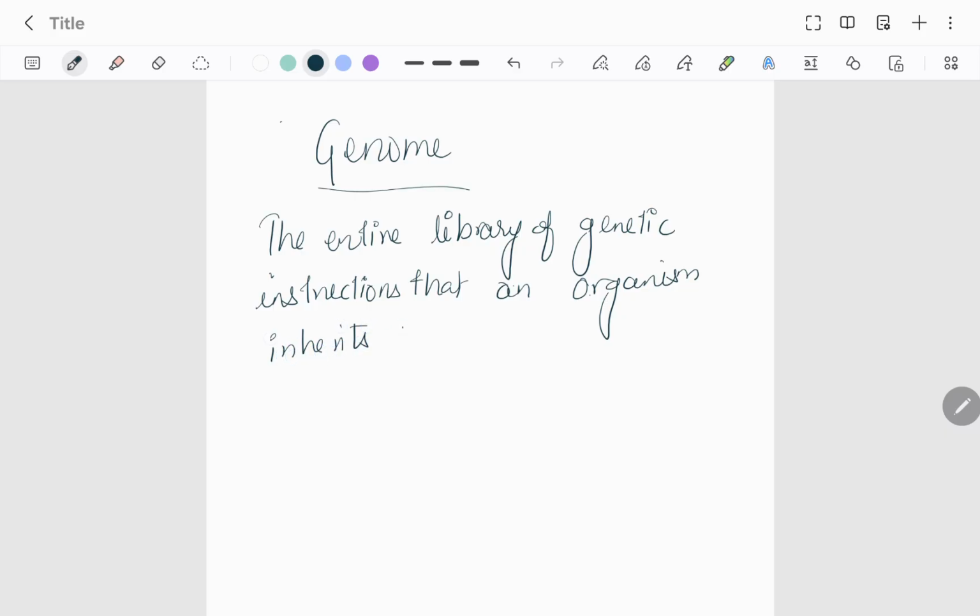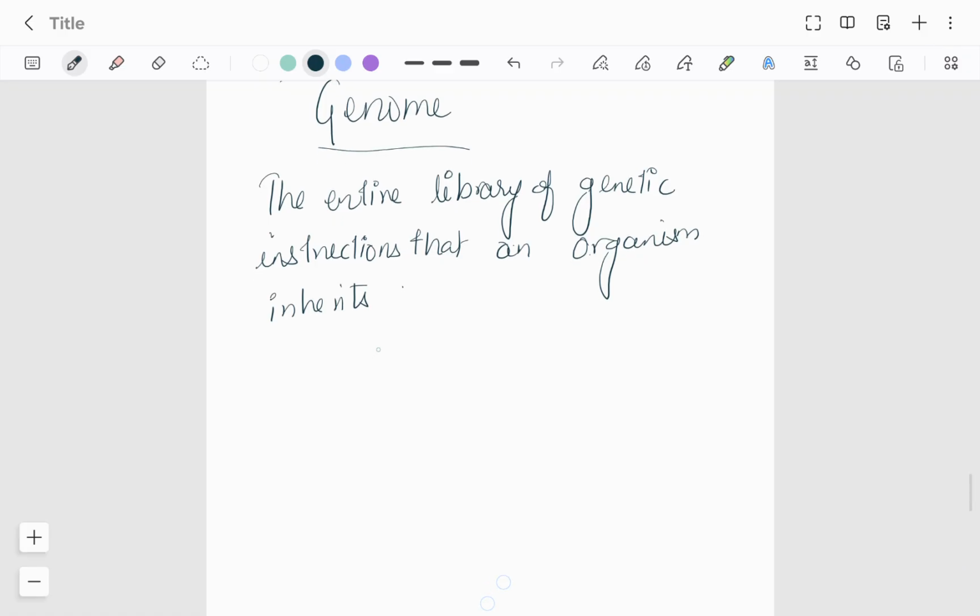This is called genome. A particular species has a particular genome, right? Okay, now for example, humans: whatever DNA is inside you, all that is the genome of the human species, Homo sapiens.